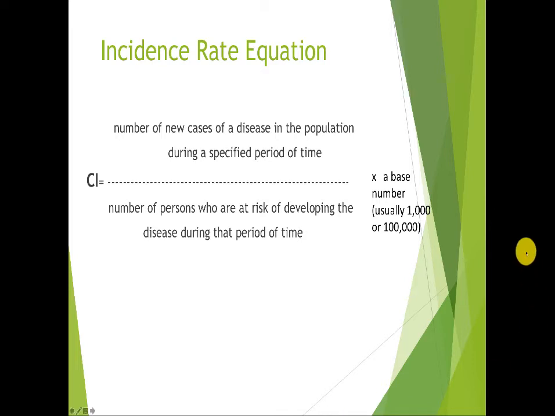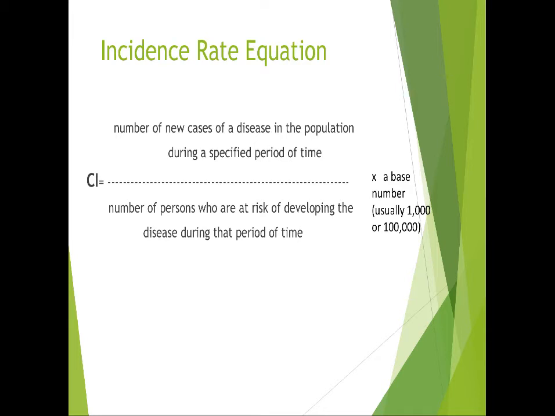The number that you can see right here is usually 1,000 or 100,000, or any figure for that matter. Depending how large a population is, we may use a different base to simplify calculations. Keep in mind that I will always provide you with a base in all your word problems, and you only need to make sure you specify so in your answer.